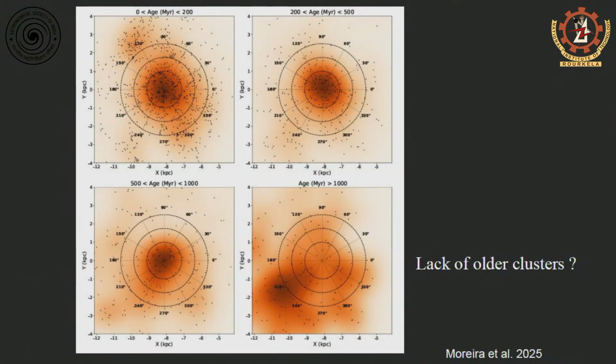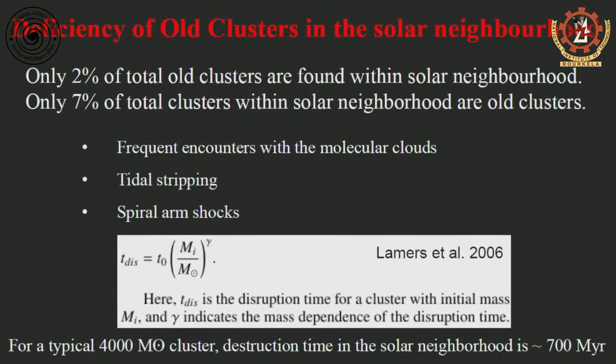And importantly, if you see the open star clusters older than 1 billion years, the fourth plot, you will see that there is a lack of old open clusters. So we tried to understand in our sample whether there really is a significant drop of open star clusters when they are older.